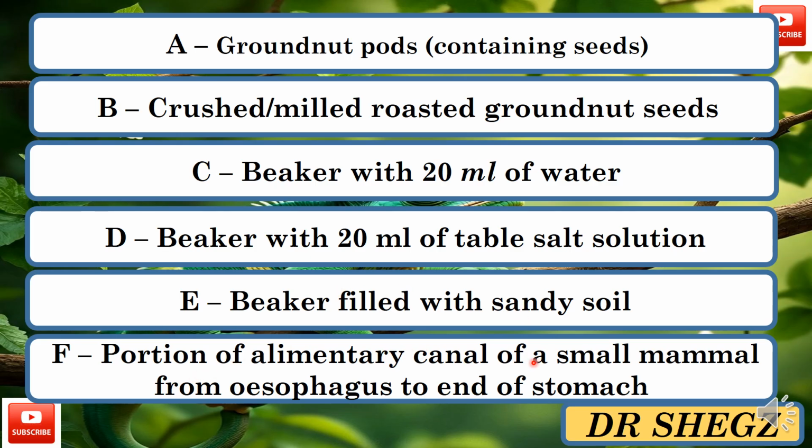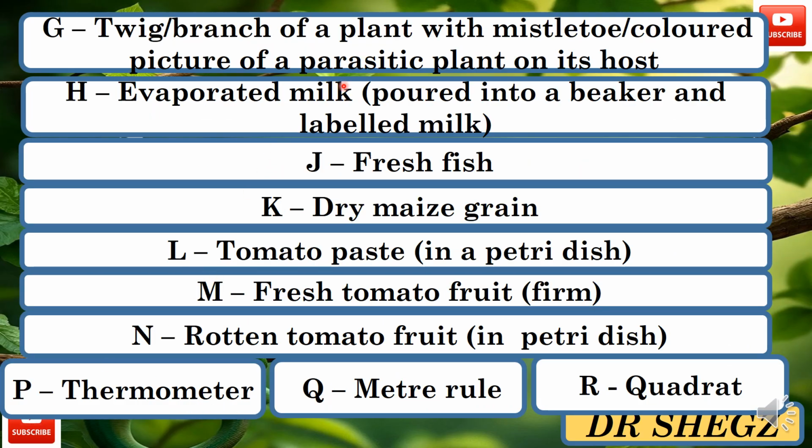Portion of alimentary canal of a small mammal from esophagus to end of stomach. Then you have twig or branch of a plant with mistletoe or colored picture of a parasitic plant, evaporated milk, fresh fish, dried maize grain, tomato paste, fresh tomato fruit, rotten tomato fruit, thermometer, meter rule, and quadrat.